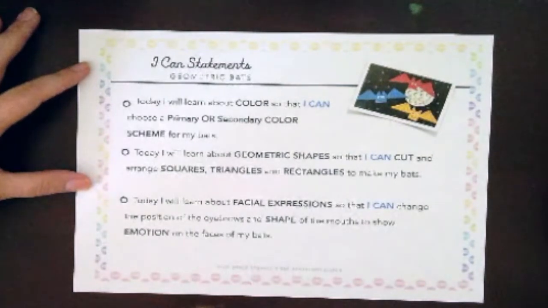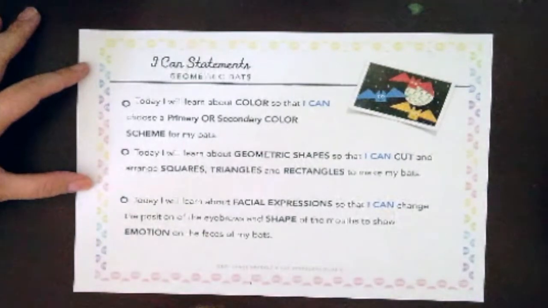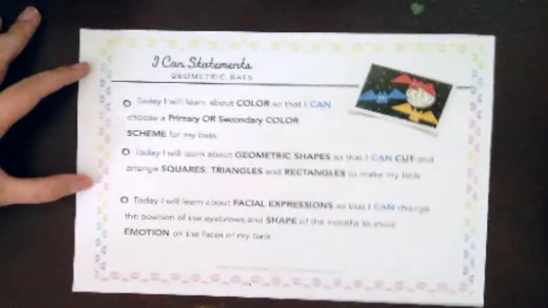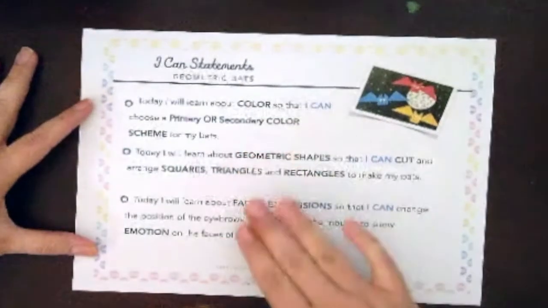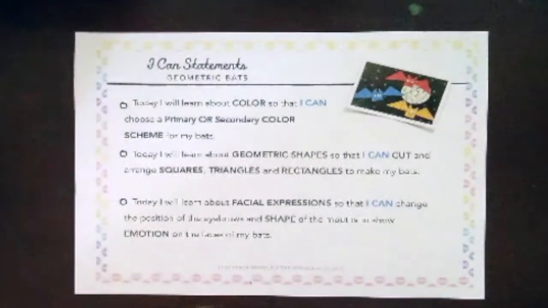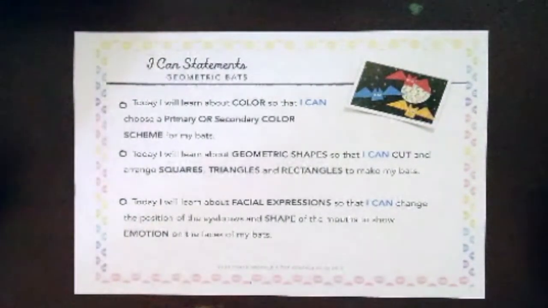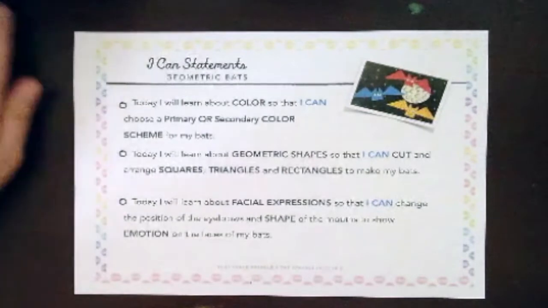Today I will learn about geometric shapes so that I can cut and arrange squares, triangles, and rectangles to make my bats. Today I will learn about facial expressions so that I can change the position of my eyebrows and shape of my mouth to show emotion on the faces of my bats. So those are our three main concepts that we are going to learn and do within our geometric bat project.